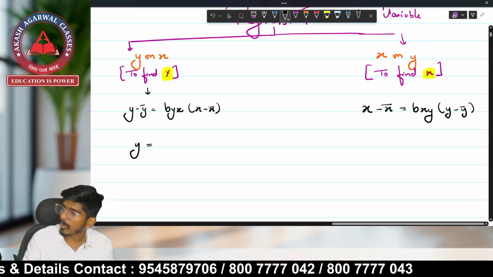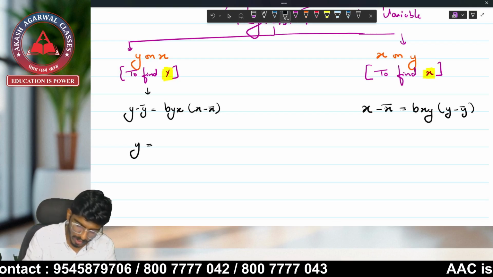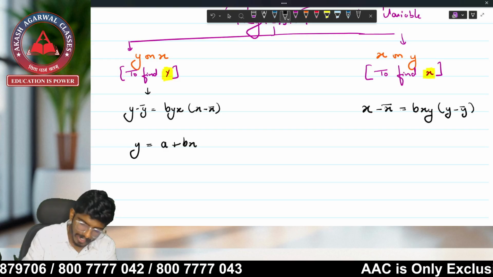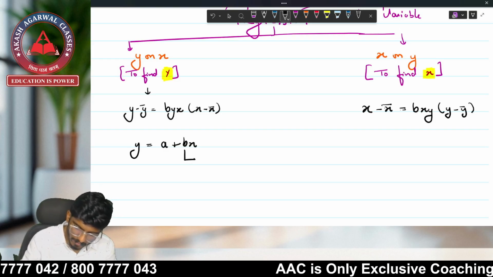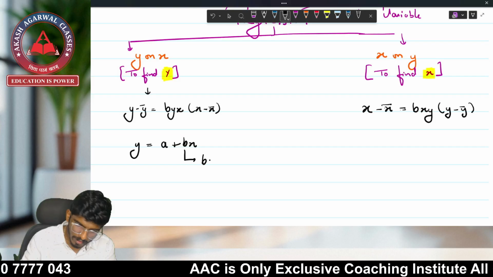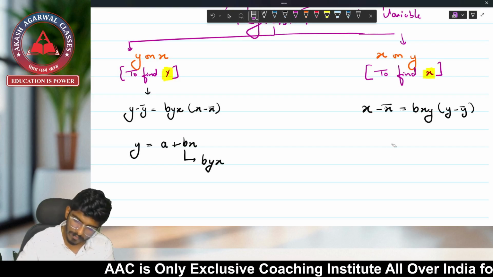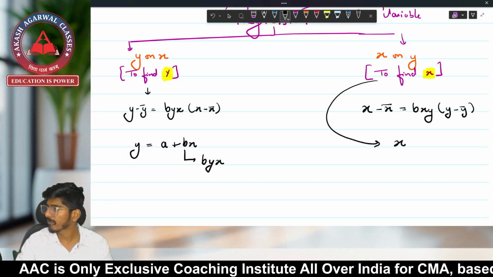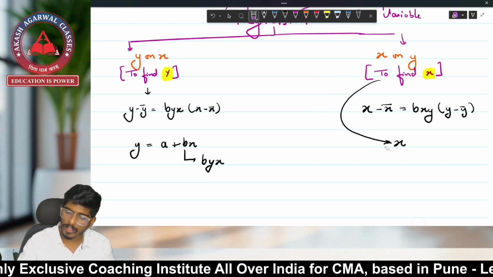Then I am going to teach you one more equation. The equation is y equals a plus bx, where this b is nothing but byx. Similarly, when we talk about x on y, I need to find x.